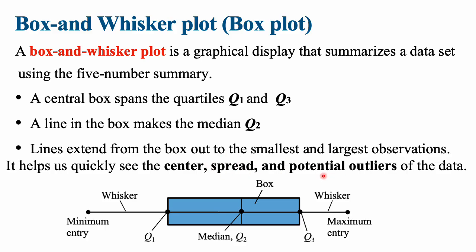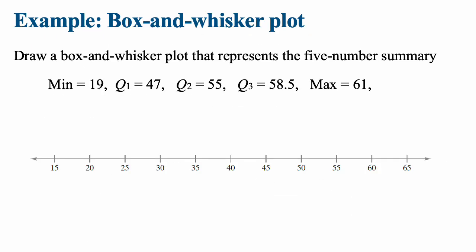Okay, now we're going to sketch the box and whisker plot with a 5-number summary. So how do we create the box and whisker plot? Here is a 5-number summary. I give the number line. First, you start with Q1, 47. You have Q3, 58.5. Draw the box.